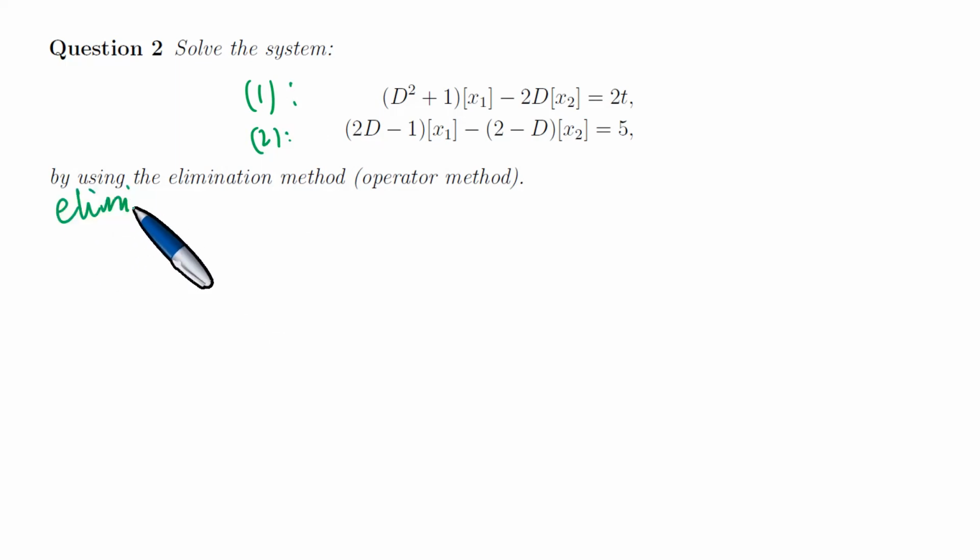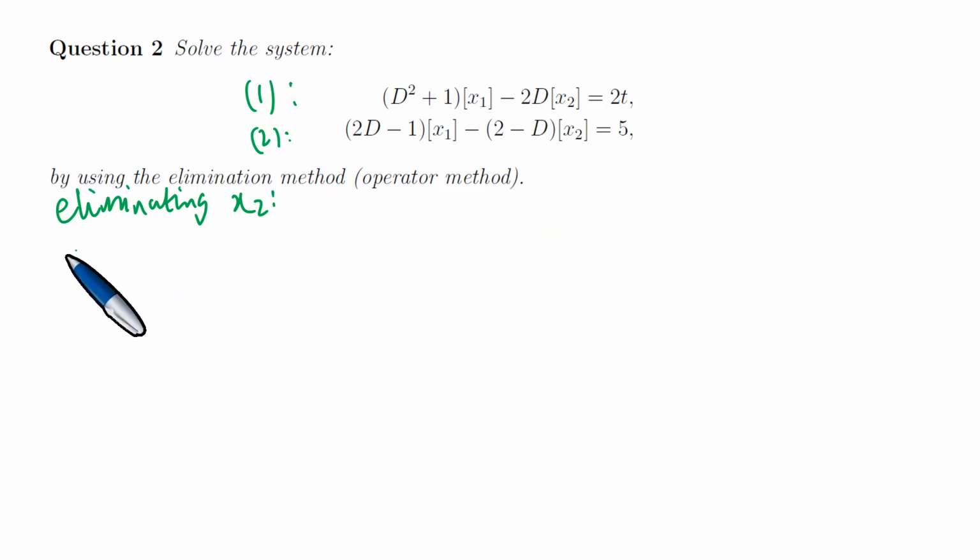Right, eliminating x2 is what we say. Right, so obviously at this point, we have the 2d here. We just need to multiply this particular one by 2. Right, and if you just multiply this particular one by 2, we have what is required. And then after that, we subtract the two equations.